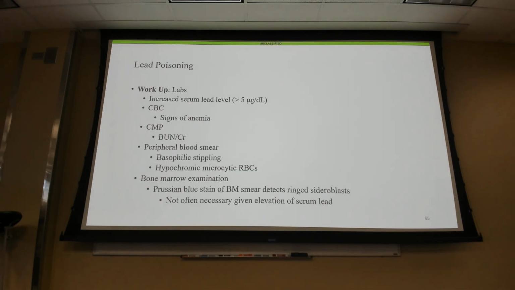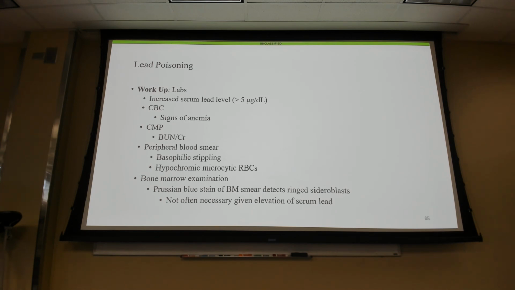Workup. Signs of anemia, right? Kidney function tests. Basophilic stippling. So if I ordered a CBC on somebody and got some basophilic stippling, is there something else going on in my differential that makes me say I need to take lead off the table? Sideroblastic anemia.